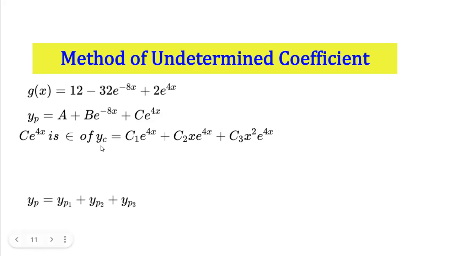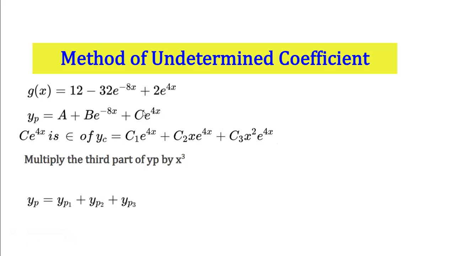So if we multiply our particular solution by x, we will still have another part of the particular solution resemble this because x appears here. If we multiply by x squared, we will also have another part of the particular solution resemble our complementary solution. So instead of multiplying by x or x squared, we'll multiply by x cubed. So we'll multiply the third part of y of p by x cubed.